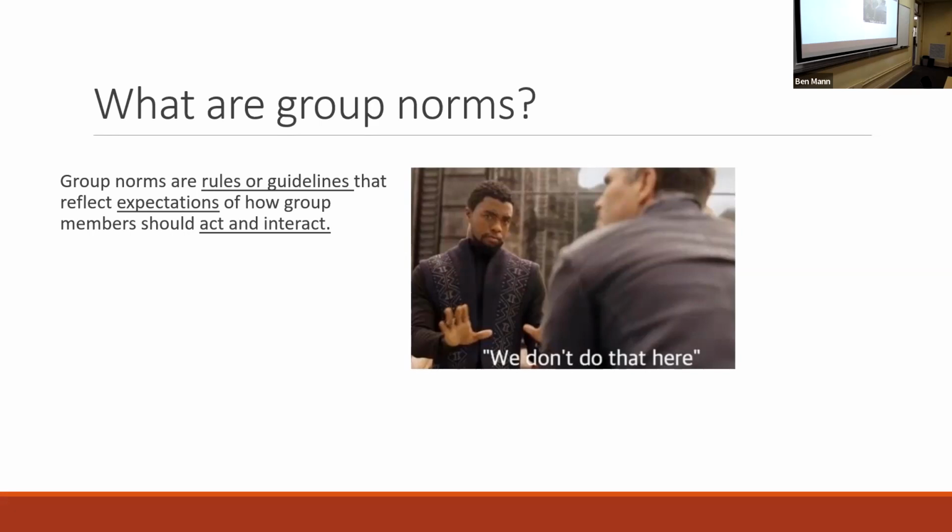It's also about how members of a group should act and interact. That is, independently, what should a group member do? For instance, if you're part of a team or group, you're representing EOU, and when you go to a competition or you're traveling, there's an expectation that you shouldn't talk negatively about other people while you're there.